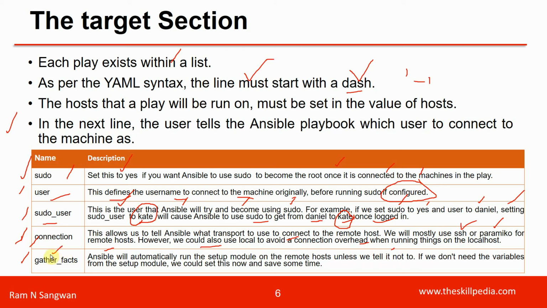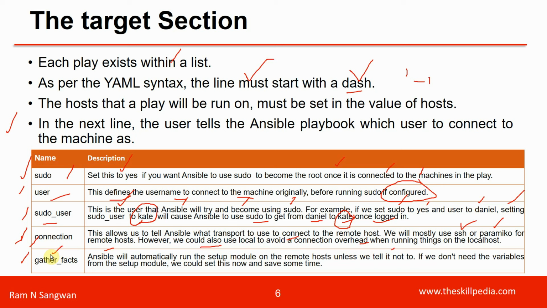Gather facts. Ansible will automatically connect and run the setup module on the remote machine unless we tell it not to. If we do not need the variables from the setup module, we could set this to no and save some time.